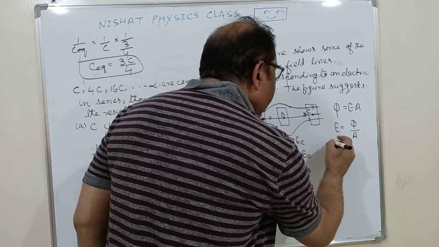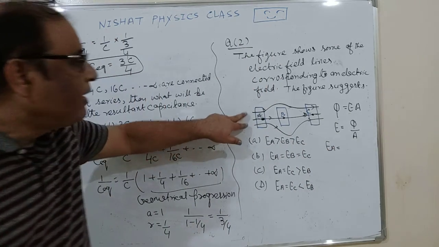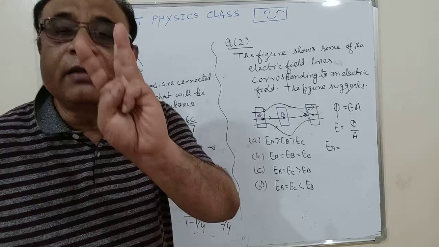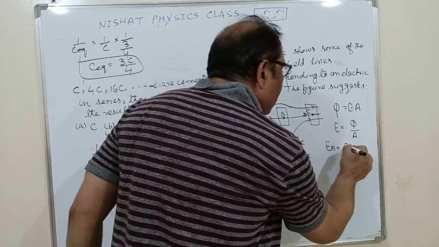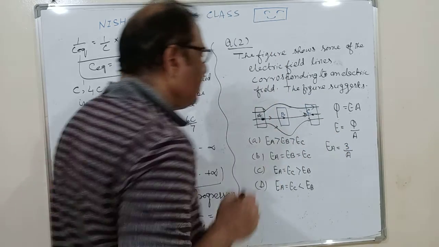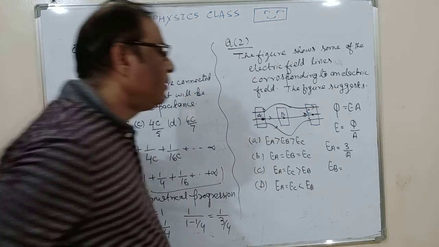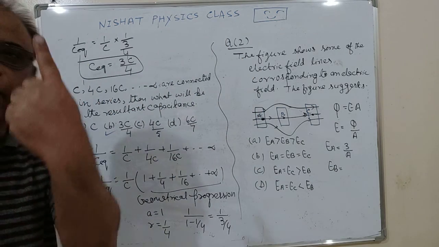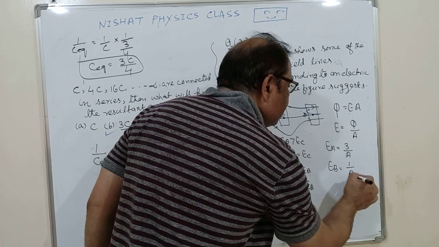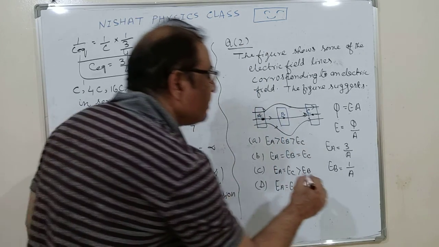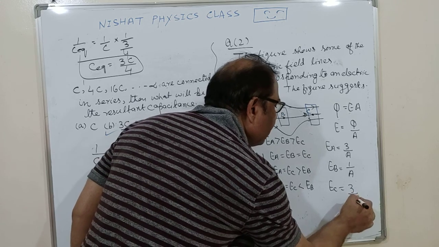If we write the electric field at A, the lines of force are 3, so flux is 3, so 3 upon A. At B, EB, what will be the lines of force? Only one. The area is the same, so 1 by A. And at C, same condition, EC: 3 lines of force, so 3 upon A.